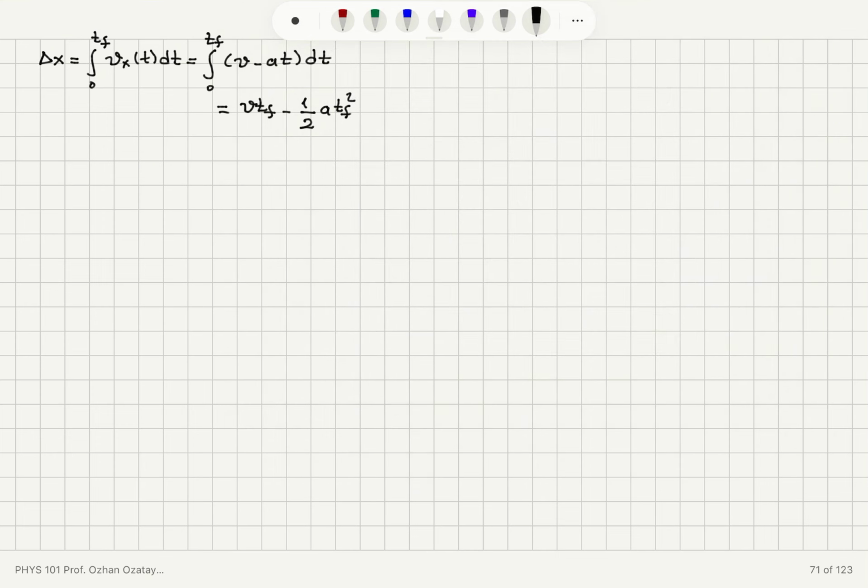And this has to be equal to 0 because it ends up right below the student. So we can see that one of the time of flights cancel. So v minus 1 over 2 a tf must be equal to 0.